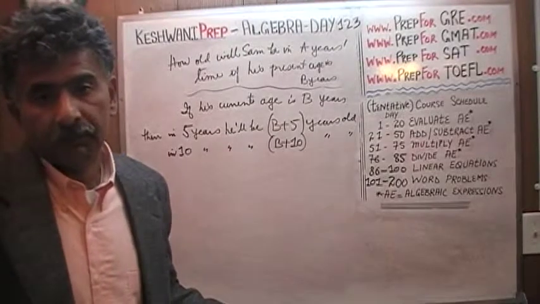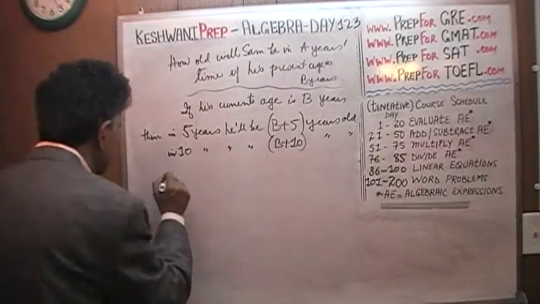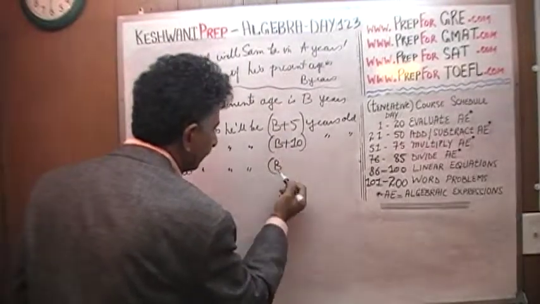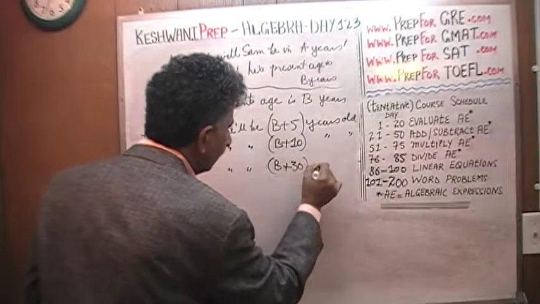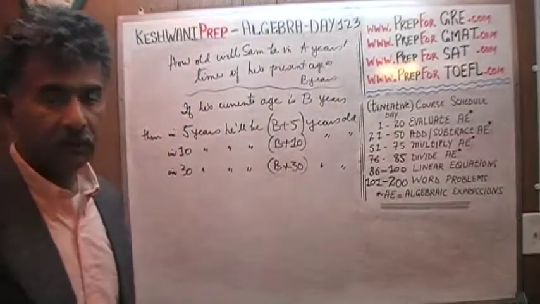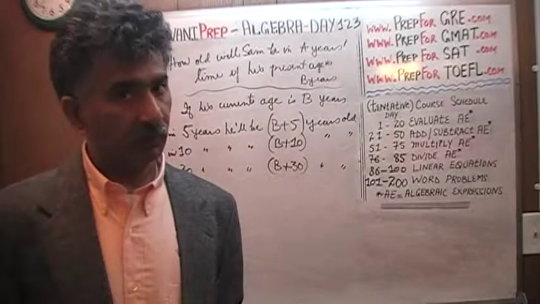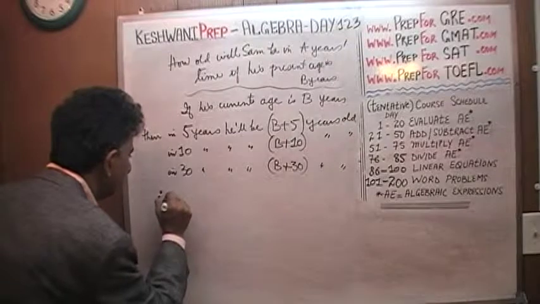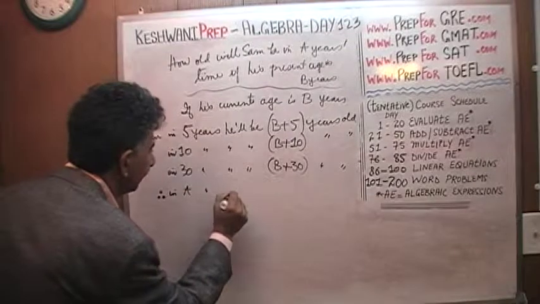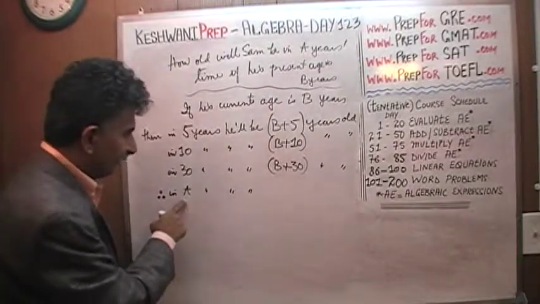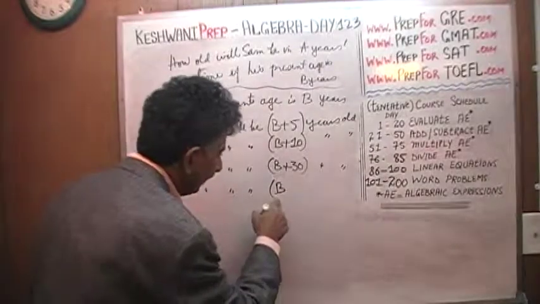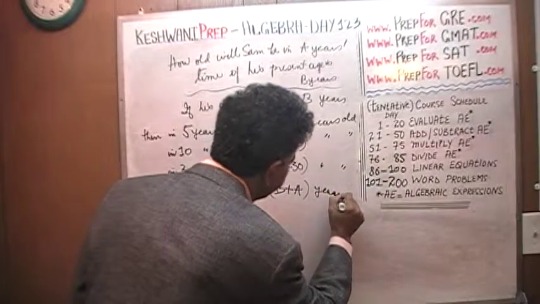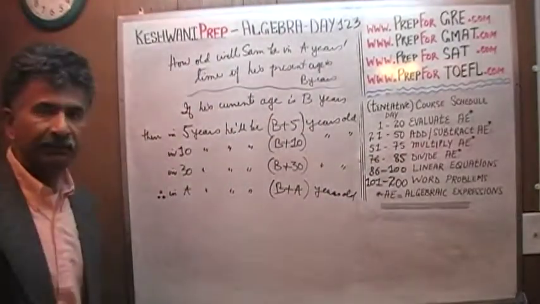In 30 years' time, whatever his current age is today, plus 30 is exactly how old he is going to be 30 years from now. I think you get the idea. Therefore, in A years' time, he should be his current age plus A more. That's how old he is going to be, B plus A years.